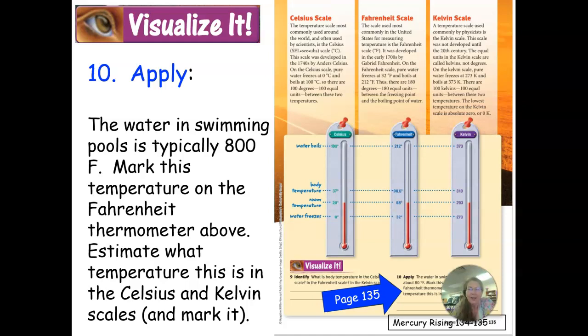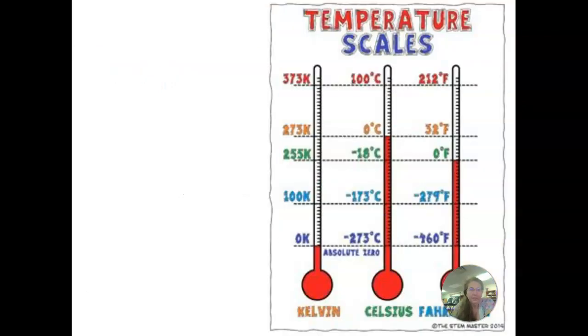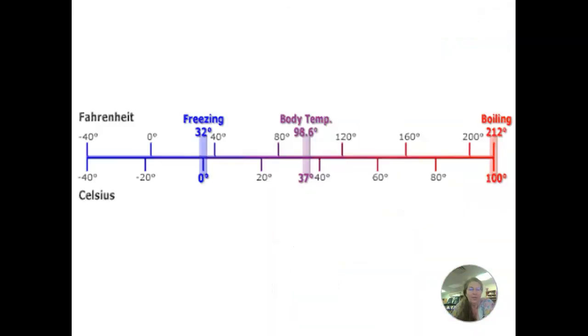So if it's here, where would it be on here and where would it be on here? So just a graphic to help you look at the three scales together. Another graphic.